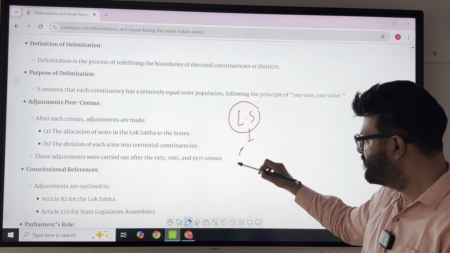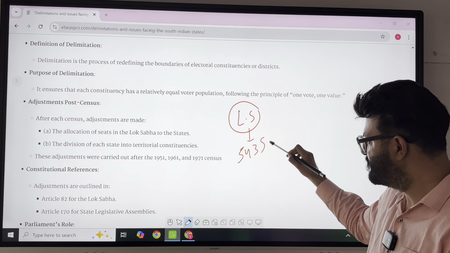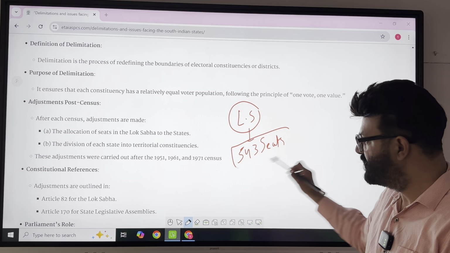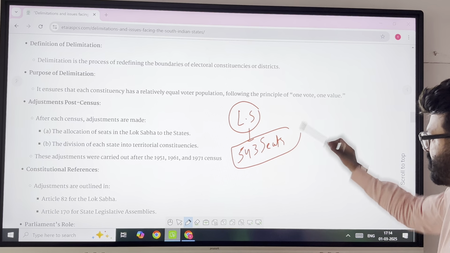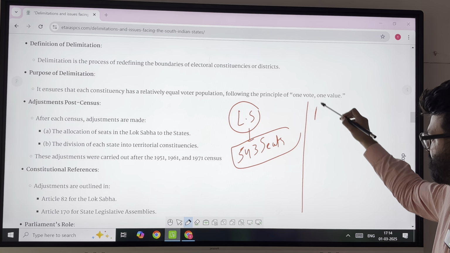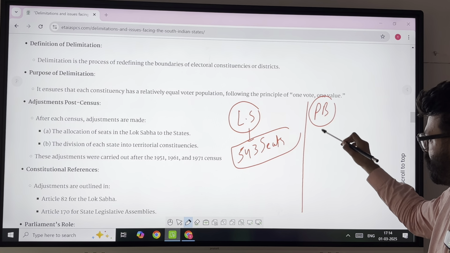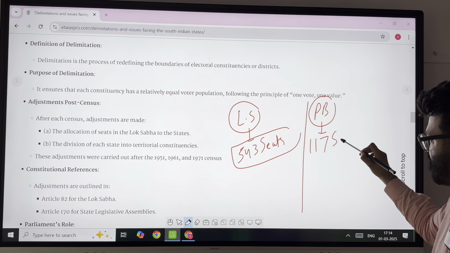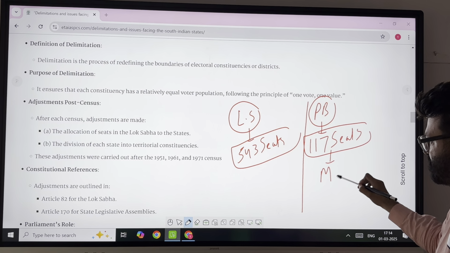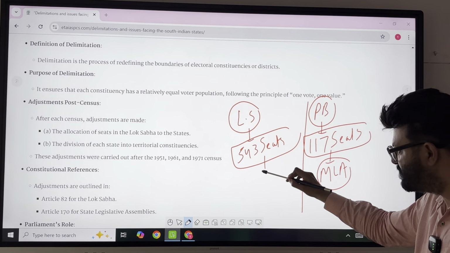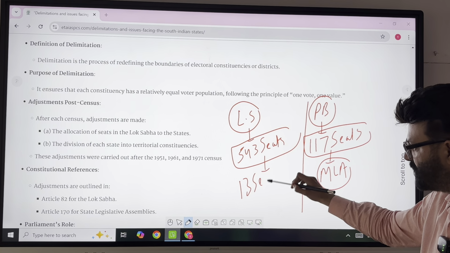There are 543 seats pan India currently. Now, let us say in the state of Punjab, how many seats are there? 117 seats at the MLA level and 13 seats in Lok Sabha.